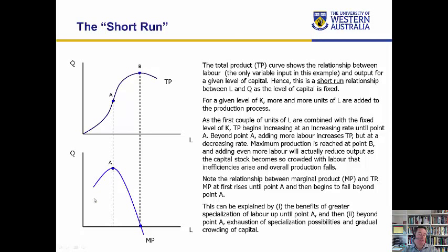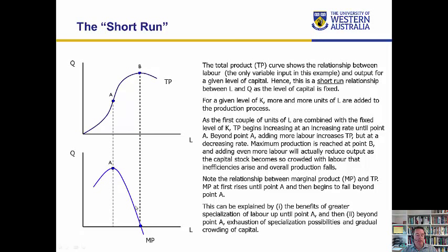So in terms of the numbers on this MP curve, the first worker would be at 10, the second would be at 12, the third would be at 14, using the numbers that we used previously. So really, the TP curve motivates the shape of the marginal product curve. Total product begins to fall beyond B, so marginal product begins to become negative.